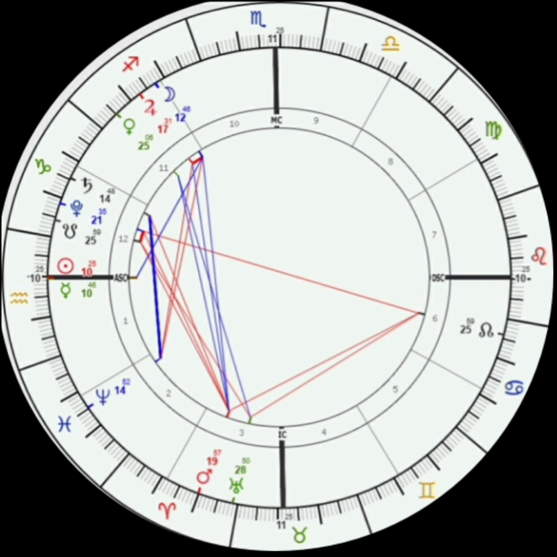So the sun is at 10 degrees of Aquarius. So the ruler of this chart, the planetary ruler, is Uranus. Midheaven is in Scorpio. So Uranus and Pluto are the two planetary rulers who rule the chart.